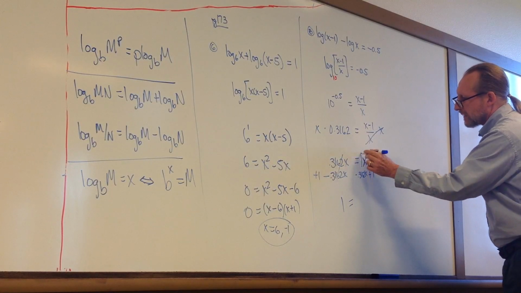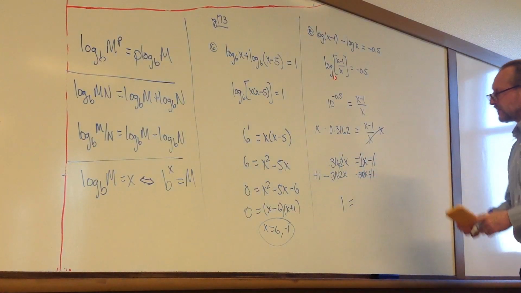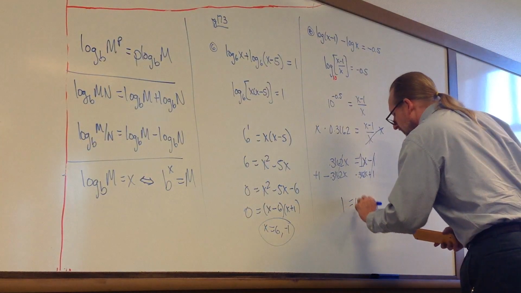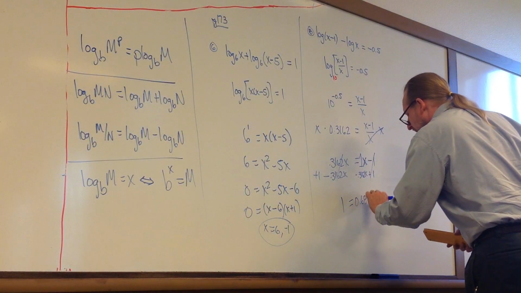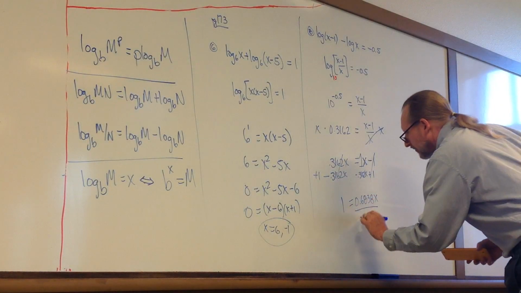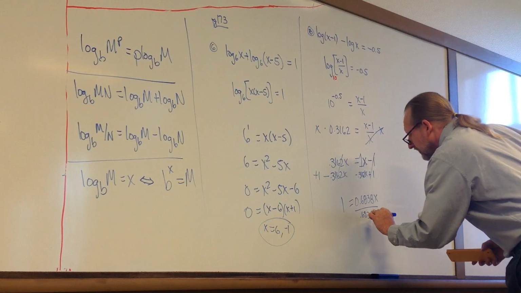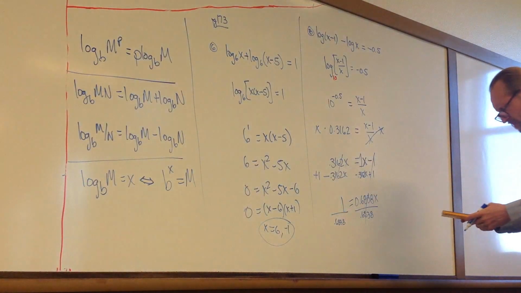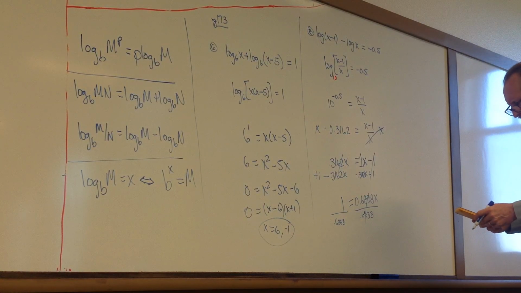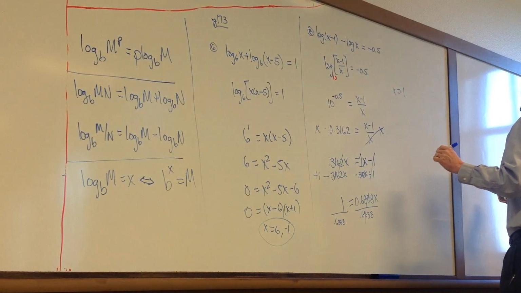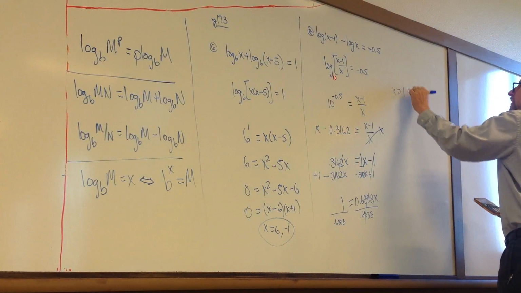This is 1x and this is 0.3162x, so we've got to do 1 minus 0.3162, and that'll give us 0.6838x. And then we've got to divide on both sides by 0.6838. And so 1 divided by 0.6838 tells us x is approximately equal to 1.462.